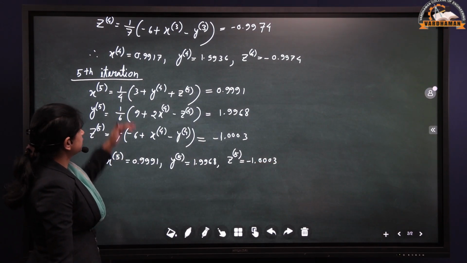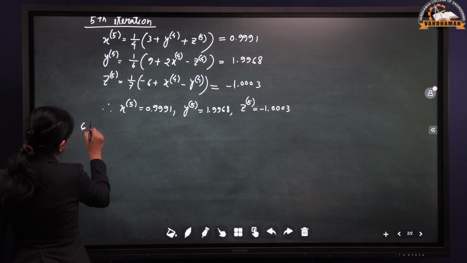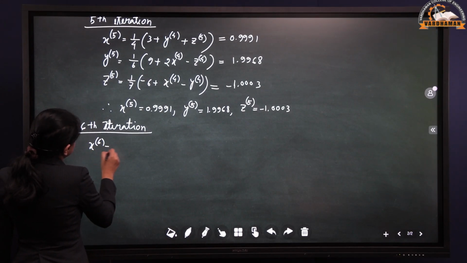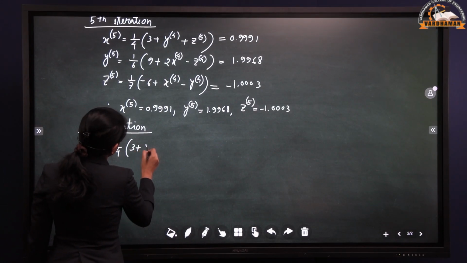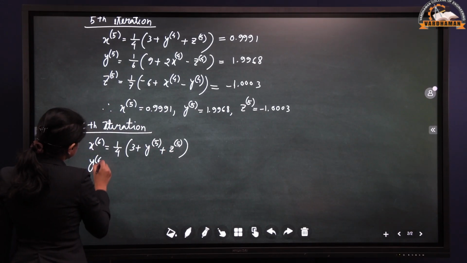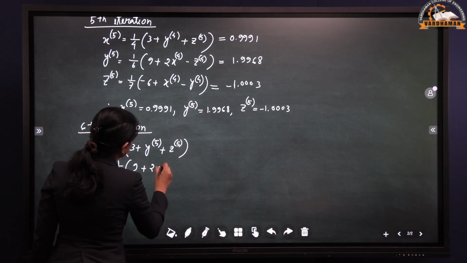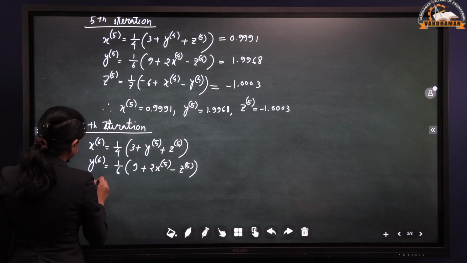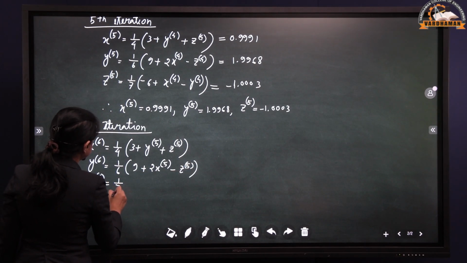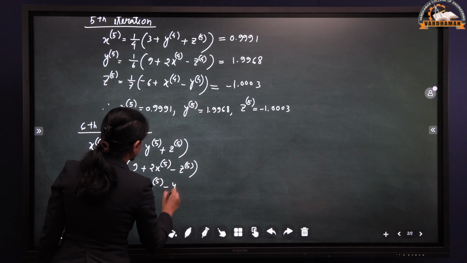As we are not getting the same approximation, we will move to sixth iteration. x6 is equal to 1 by 4 times (3 plus y5 plus z5), y6 is equal to 1 by 6 times (9 plus 2x5 minus z5), z6 is equal to 1 by 7 times (minus 6 plus x5 minus y5).